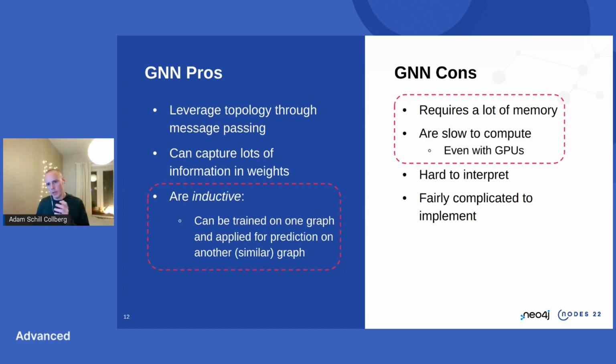In particular, if we take a sample of the original graph and train on that, it will be faster because it's a sample, it's smaller. And then because the model is inductive, we can apply that trained model to the entire graph. Okay, so that can be very useful. It will save a lot of time, and the model will still have learned enough, hopefully, from the sample that it can generalize to the entire graph.